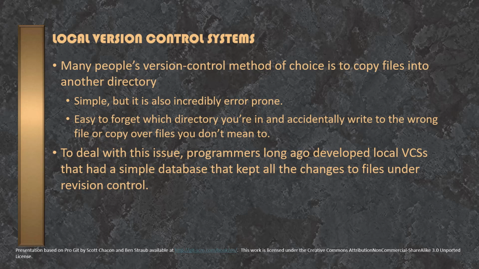The example of using version numbers on a file is a simple way to maybe do some form of version control, but it's potentially error prone. And sometimes, you forget which directory things are in, and you mess up the numbers. So that was a common experience. And at one point, developers created local version control systems to simplify that process.